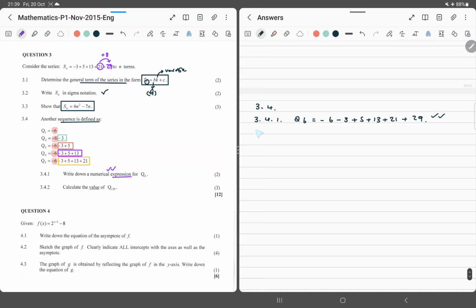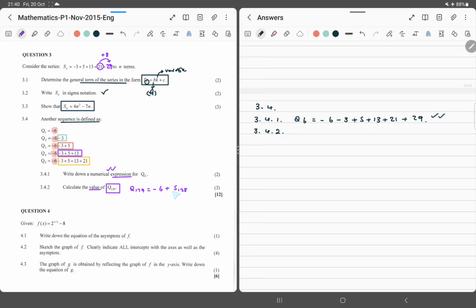Great, so we've got 3.4.2. This question says now calculate the value of Q129. This is going to work, but now let's observe a few things here. Q129 is given by minus 6 plus Sn, which is S128.